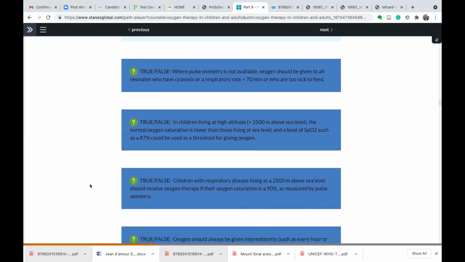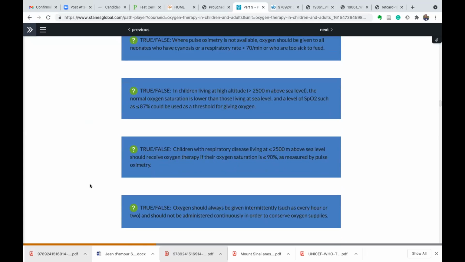So let's see the next question. True or false? Children with respiratory distress living below 2,500 meters above sea level receive oxygen therapy if their oxygen saturation is below 90% as measured by pulse oximetry.